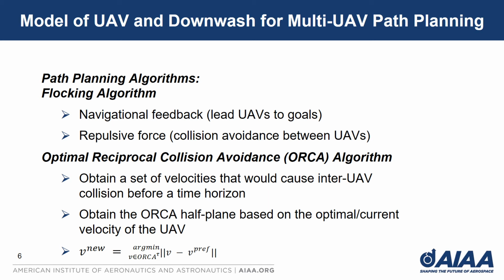And the second algorithm is the optimal reciprocal collision avoidance algorithm, also known as ORCA. It first obtains a set of velocities that would cause inter-UAV collision before a time horizon, and according to the set of velocities, it then obtains an ORCA half-plane, and then based on the optimal velocity of the UAV, it gets the new velocity.